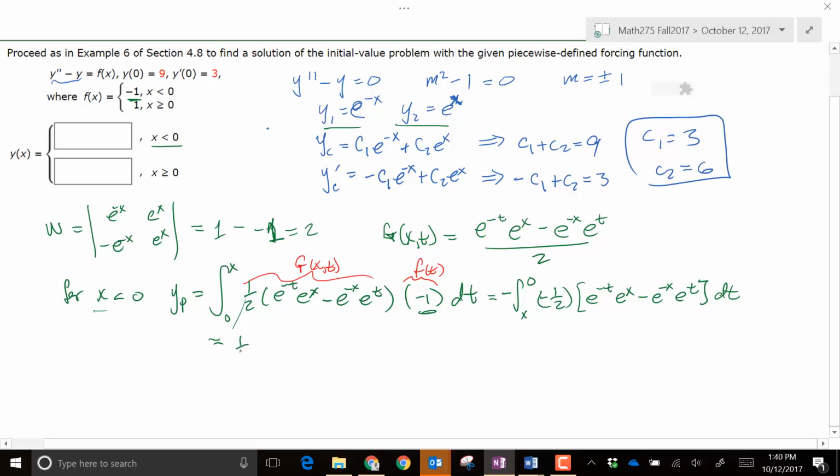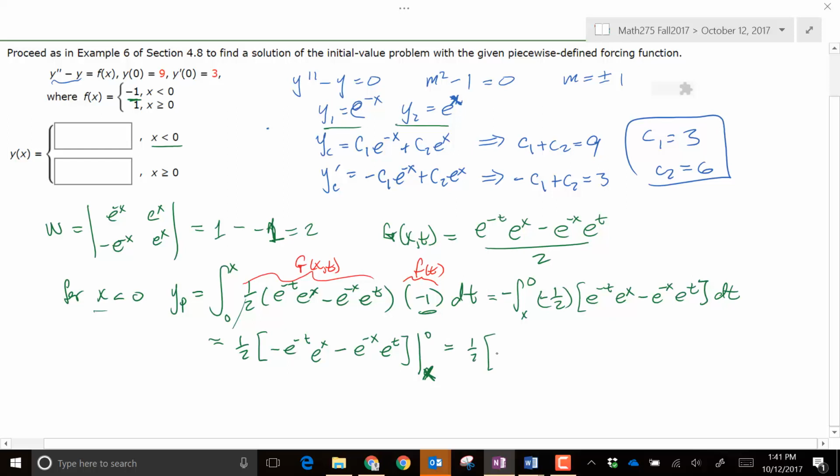We got a positive 1/2, and then we have negative e to the negative t e to the x minus e to the negative x e to the t. Let's see what happens when we put in x first, and then we'll put 0 in.